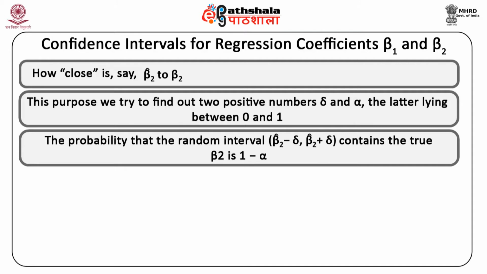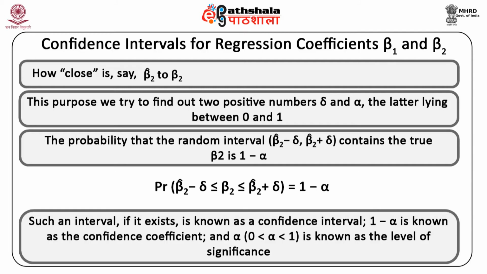Symbolically, this can be written as probability that beta 2 is greater than or equal to beta 2 hat minus delta and is less than or equal to beta 2 hat plus delta is equal to 1 minus alpha.